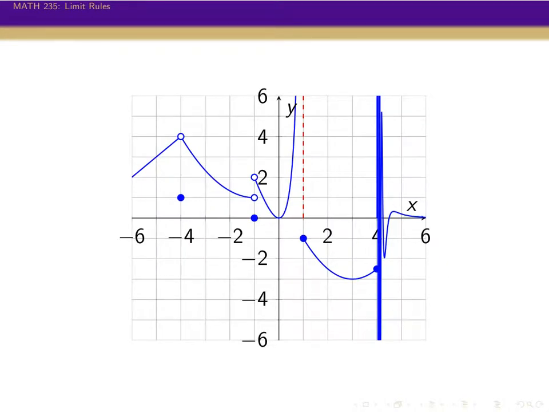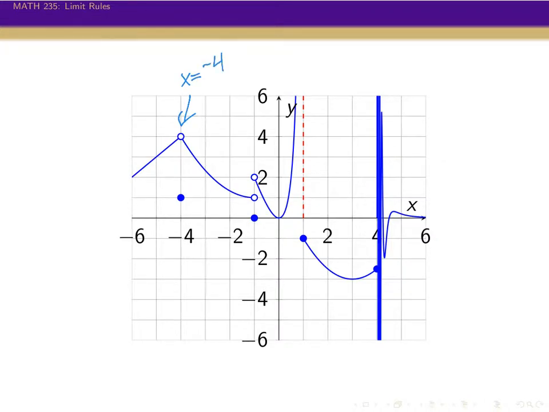Okay, so to close this video out, here's a picture of a kind of wild function with a bunch of discontinuities. Let's talk about what type of discontinuity is happening at each spot, moving from the left to the right. The first discontinuity we see is at x equals minus 4.